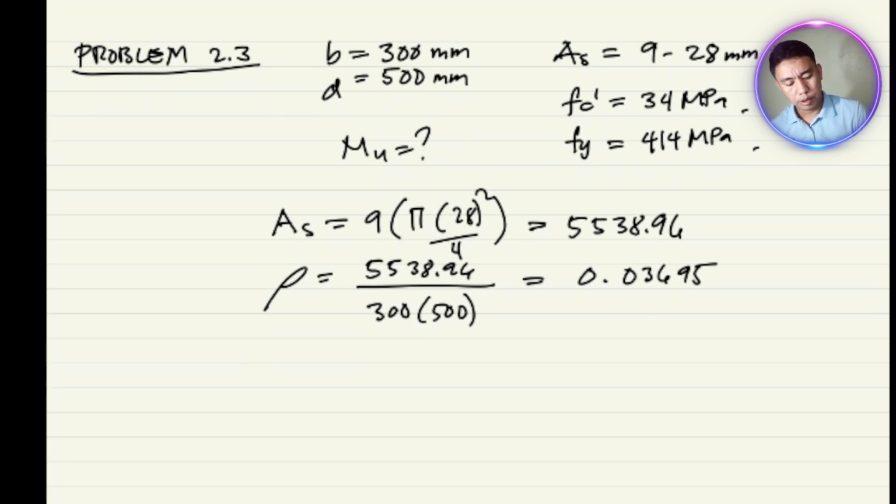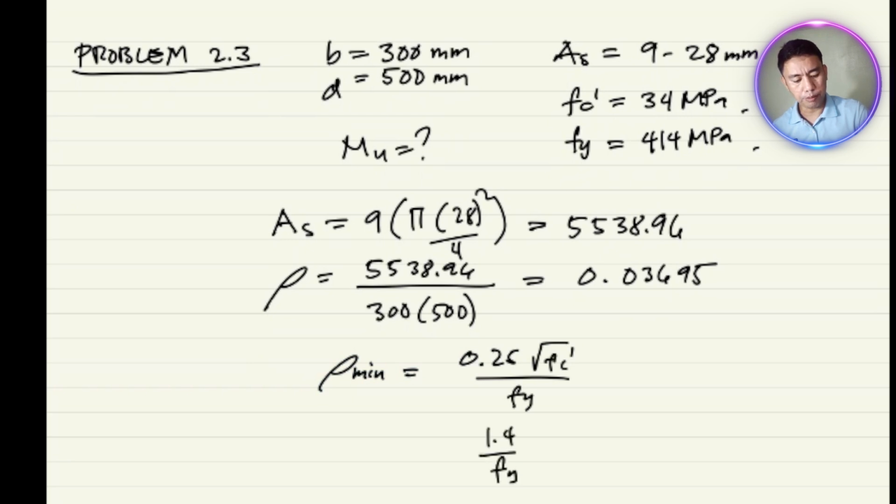So let's check the rho minimum. Rho minimum is the greater, dalawa yung formula ng rho minimum, 0.25 square root of FC prime over Fy at saka yung 1.4 over Fy.